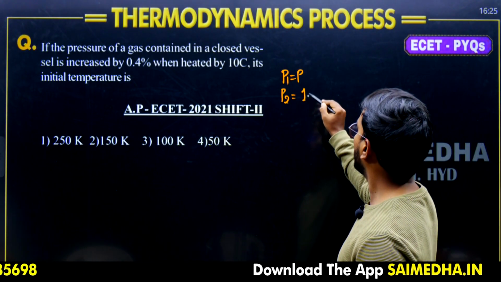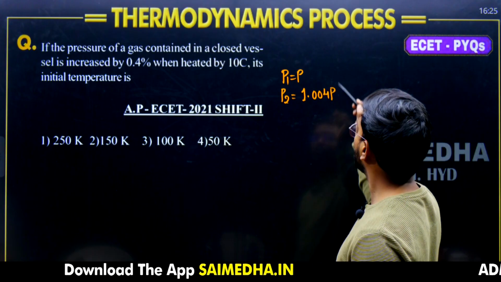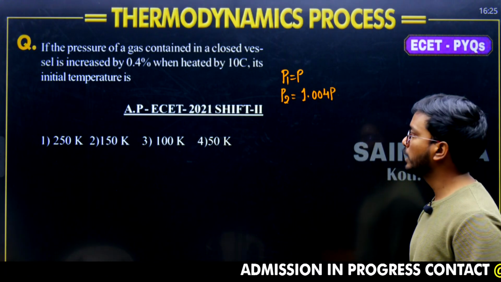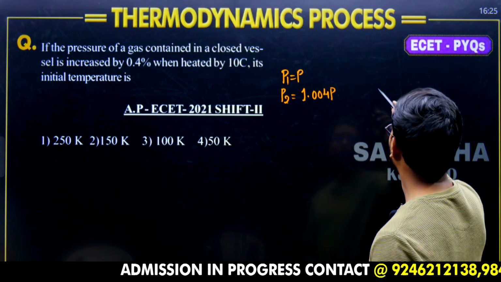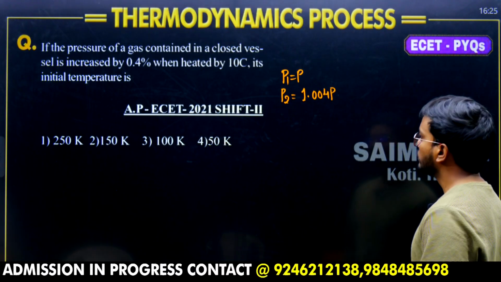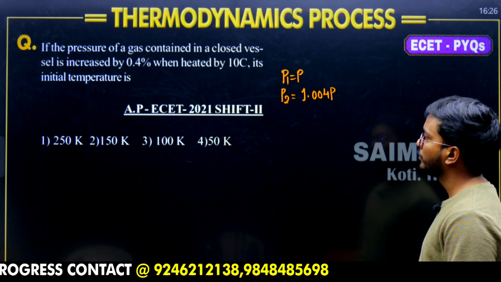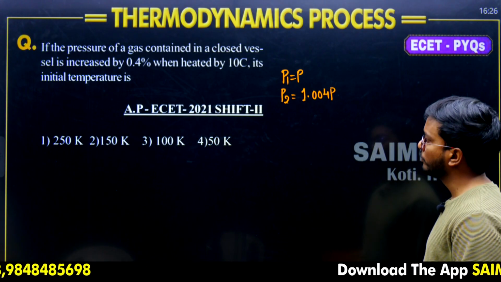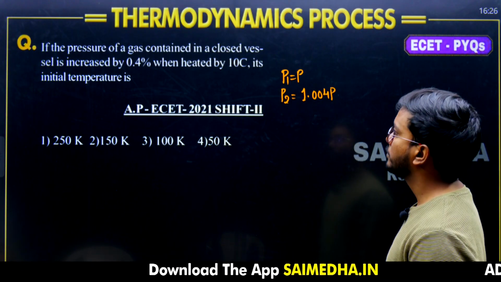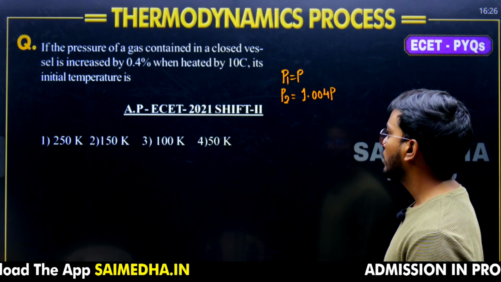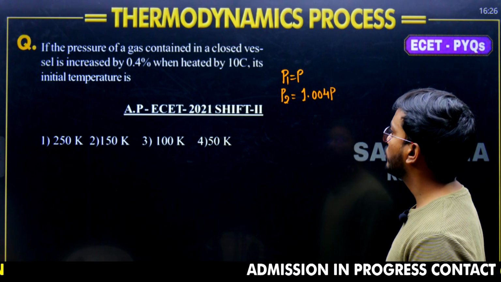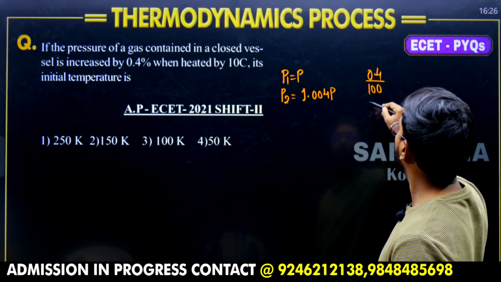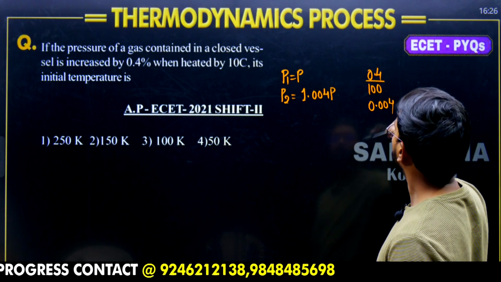That means this is 1.004 times P. 4% is 4 divided by 100, 4 into 10 to the power of minus 2, that is 0.04. If it is 0.4%, it is going to become 0.4 divided by 100, that is 0.004. So 2 digits more you will be getting.